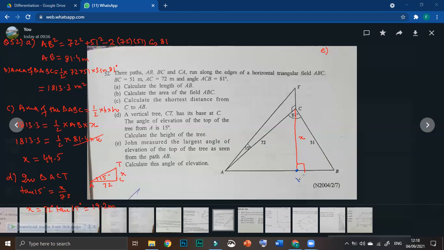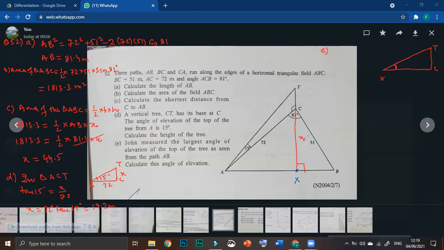Let this point be X. Now we will draw the triangle separately. TC is vertical. CX is on the horizontal ground. X is the point nearest to T. We want to find this greatest angle of elevation.